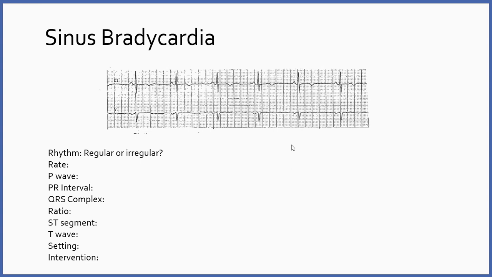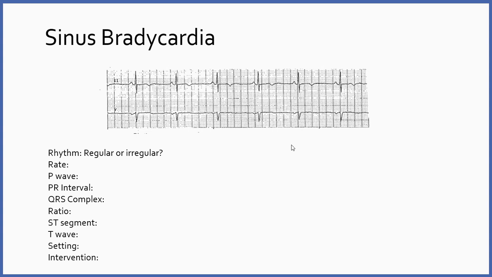Now, other things that can cause bradycardia include certain stages of sleep. So if you're on night shift, you may see this. Heart rate can drop pretty low, but as long as the patient's hemodynamically stable, it's a normal finding. Vagal stimulation can cause this, things like coughing and pooping, but also vomiting, severe pain, and suctioning can cause vagal stimulation that can drop the heart rate.